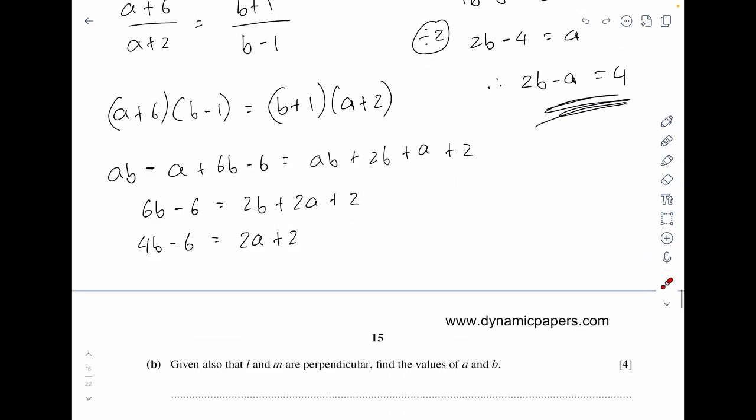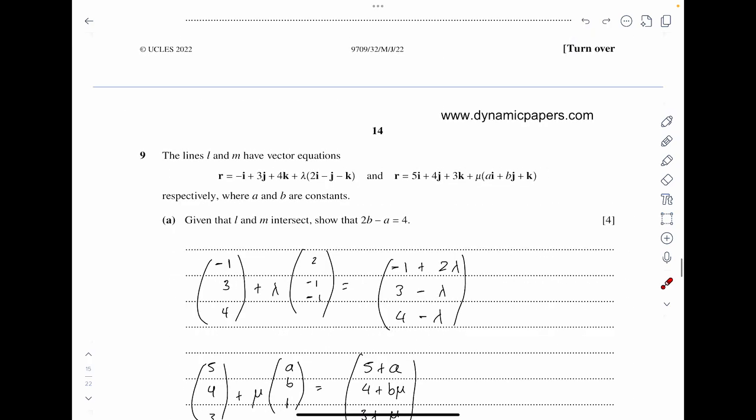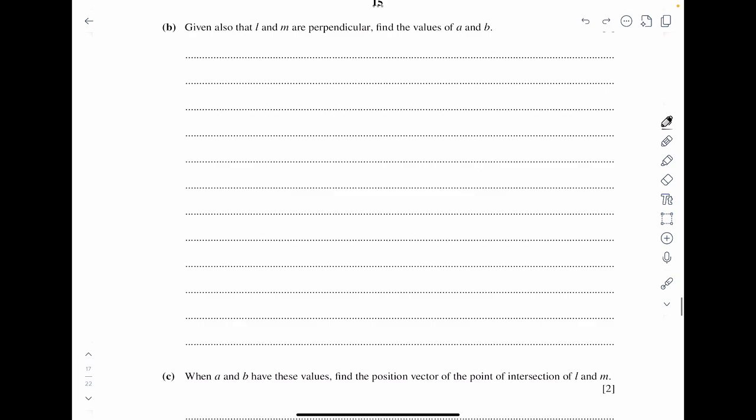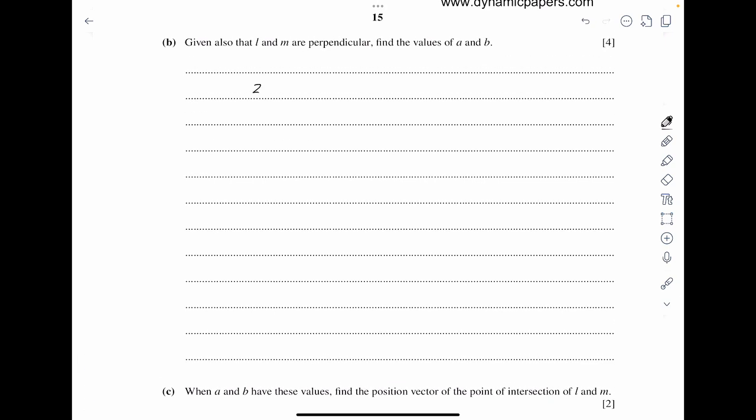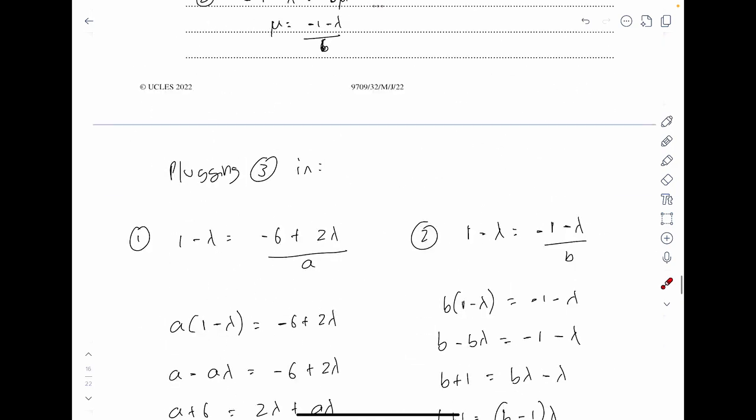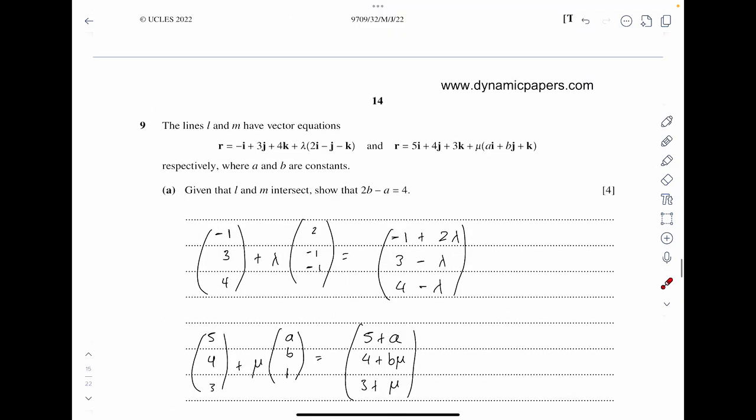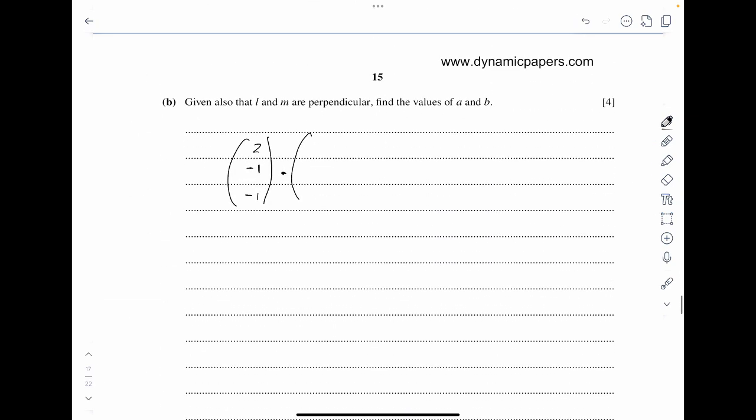So if we look at that, the direction vector here is 2, negative 1, negative 1. If we apply the dot product there with the other direction vector, that's A, B, 1. So what does that equal? That's going to equal 0. That's the basis and foundation for this question.